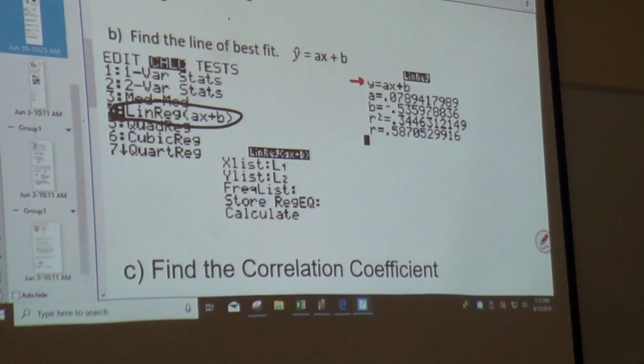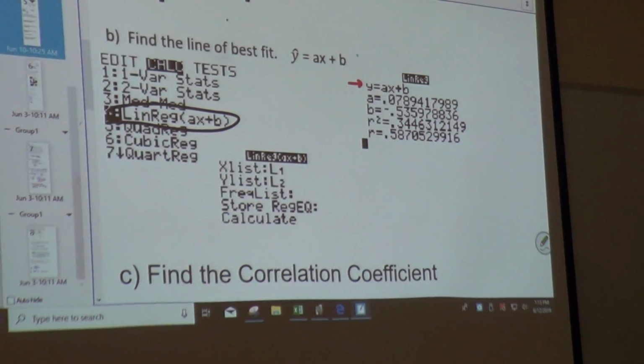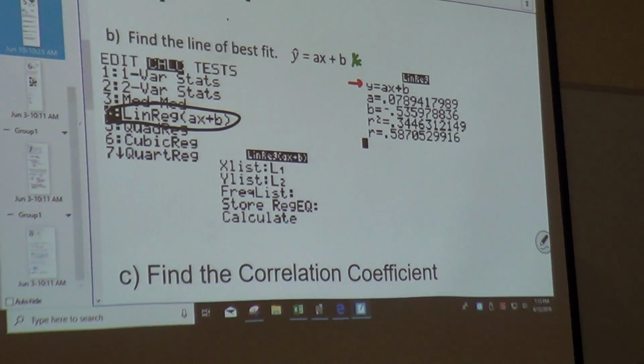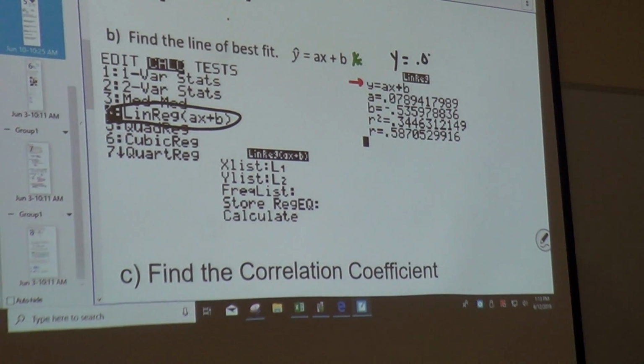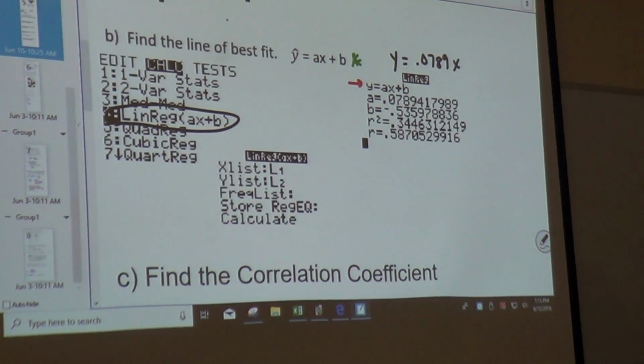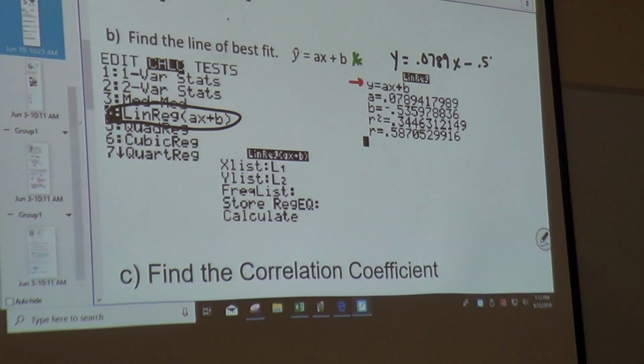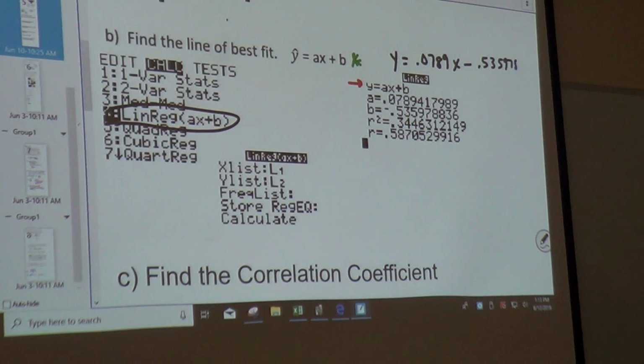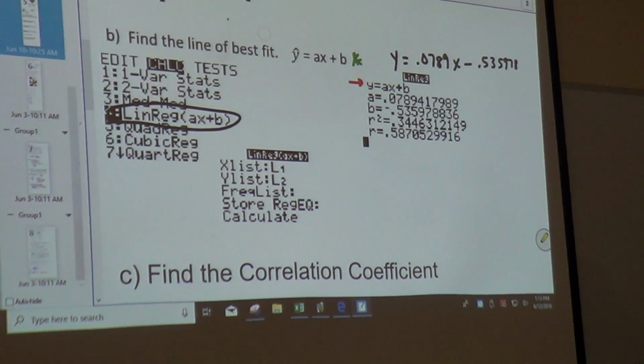So the answer to this question is going to be that y equals 0.0789x minus 0.535978, however many places they tell you to round it to.